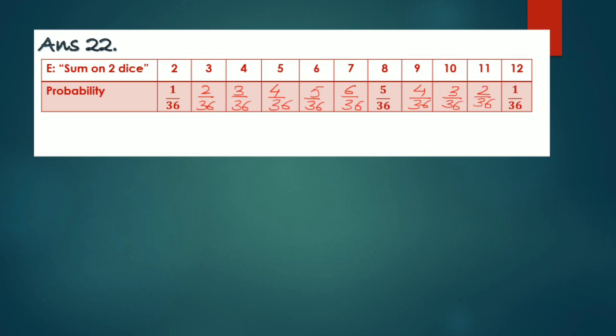If you want, you can write them in simplified form also: 1 by 18, 1 by 12, 1 by 9, 1 by 6, 1 by 9, 1 by 12, 1 by 18. Now these are the outcomes and the probabilities which we have written.